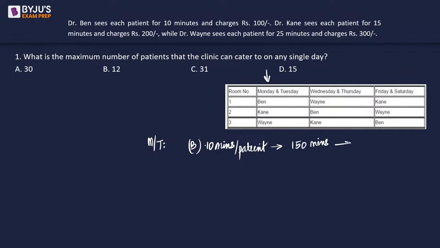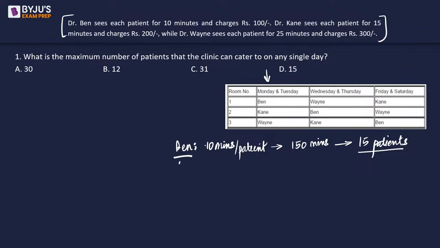So Dr. Ben will be able to see a total of 15 patients that day, assuming that we have enough patients. And it doesn't depend whether it is Monday or Tuesday. This is true for all the days. Dr. Ben takes 10 minutes on any given day.